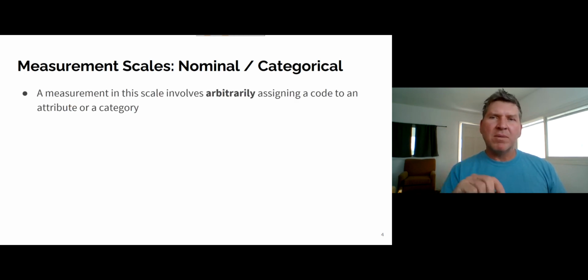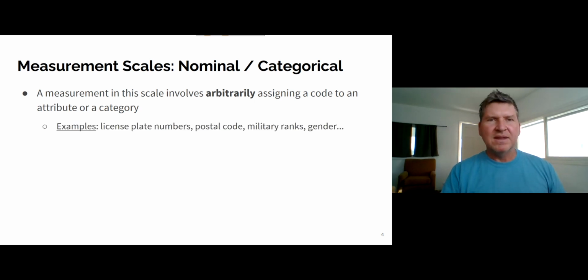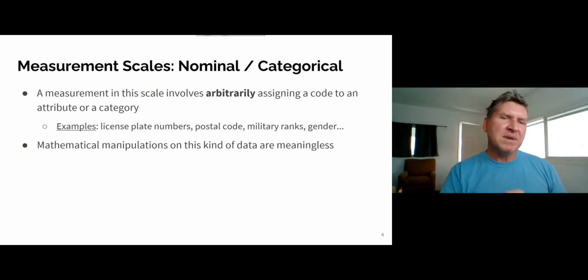So this is where we arbitrarily assign a code to an attribute or a category. So for example, license plate numbers, state codes, postal codes, military rank, gender, male, female. The problem is we can't do a whole lot of mathematical manipulations. About the only thing we can do is categorize them and count them.